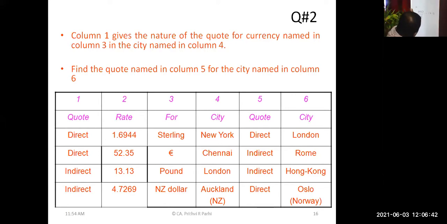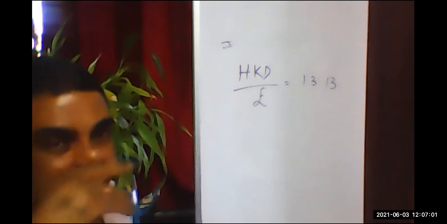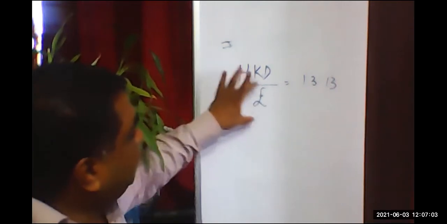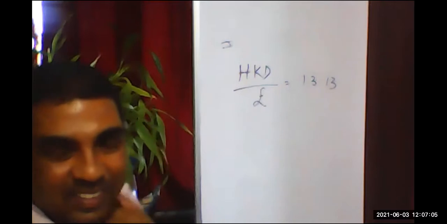Is it not foreign by home? It is indirect code for London. So the data available with us is HKD by pound is 13.13.